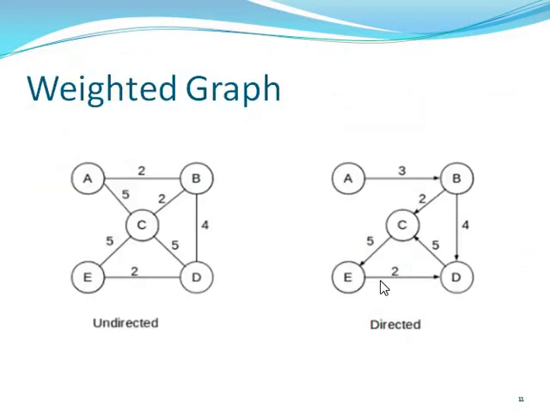Then next we can show the weighted graph. In the weighted graph, we have two types: the undirected graph and the directed graph. In the weighted graph, some value is given between two particular nodes or vertices.